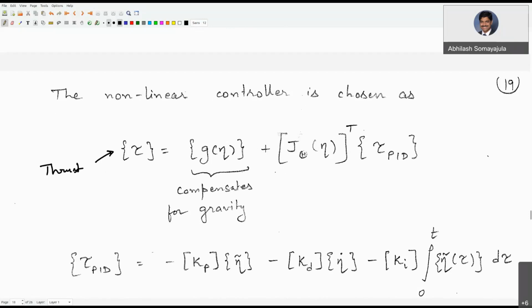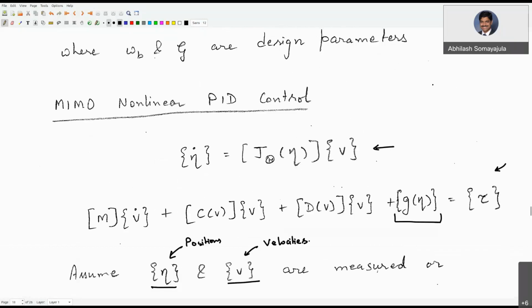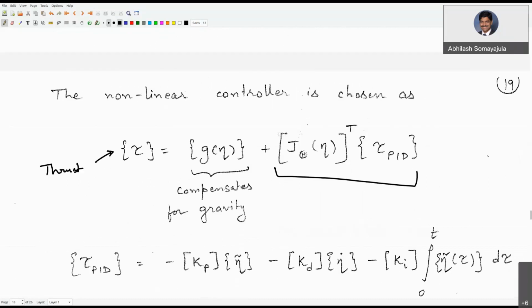The second term now is what our PID controller is doing. So the difference here is that I'm having this pre-multiplication with J of theta transpose. I'm considering the kinematic equations and looking at this J matrix, and I'm pre-multiplying my thrust vector determined by my PID control law by this J matrix.